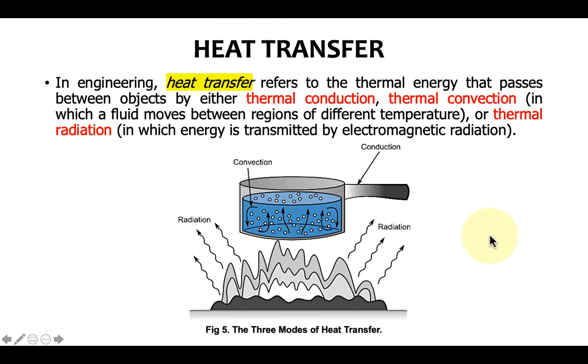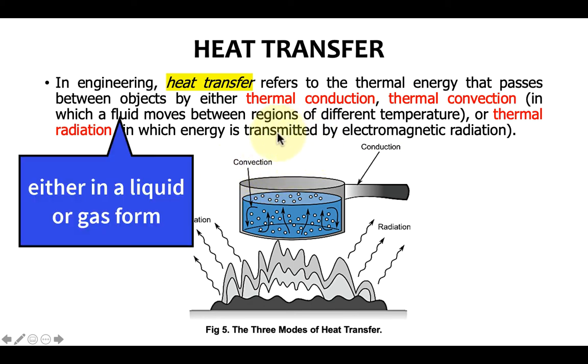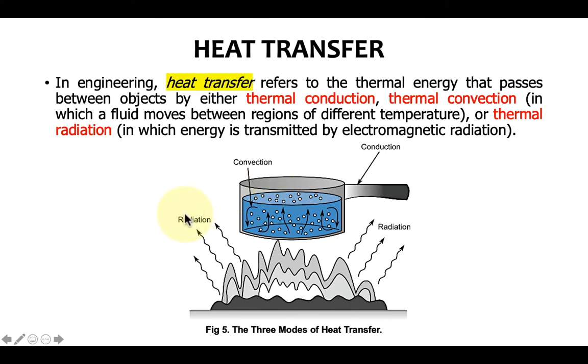In engineering, heat transfer refers to the thermal energy that passes between objects by either thermal conduction, thermal convection, in which a fluid, either a liquid or a gas, moves between regions of different temperature, or thermal radiation, in which energy is transmitted by electromagnetic radiation.